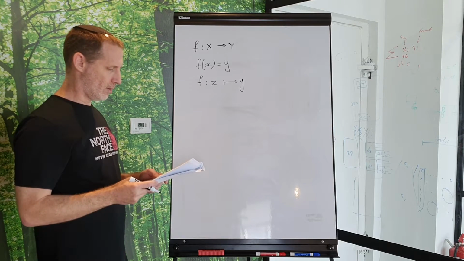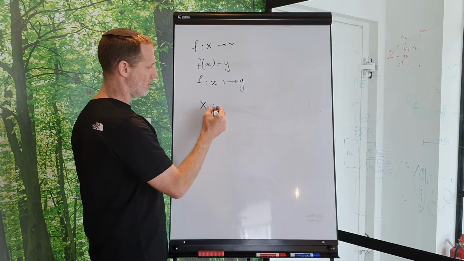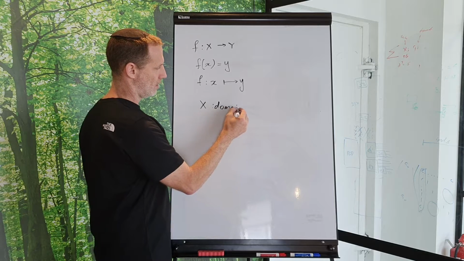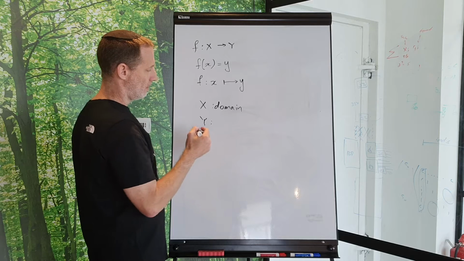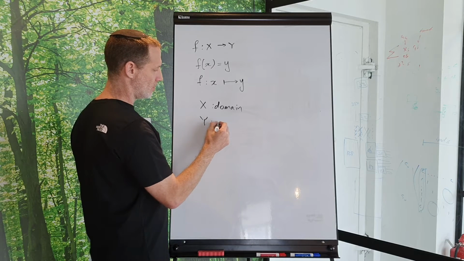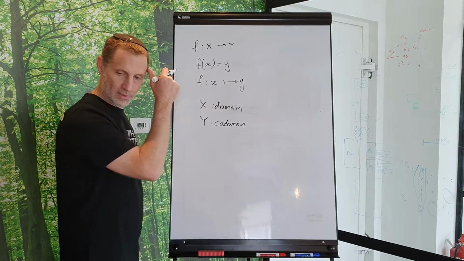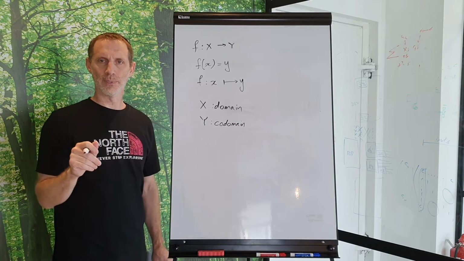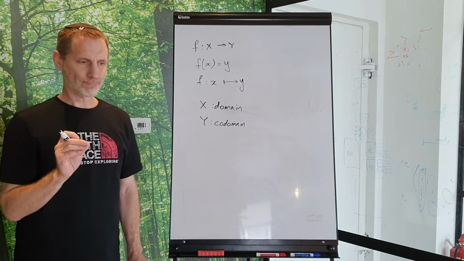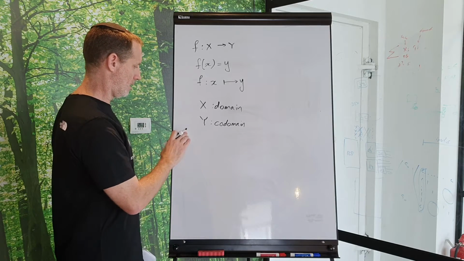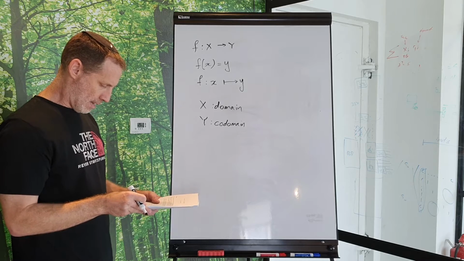X is typically called the domain of the function, and Y, by correct terminology, is called a codomain. A lot of times we call it the range. The range has a slightly different terminology or definition, and we'll see it a bit later on.